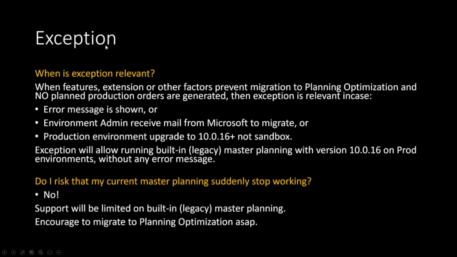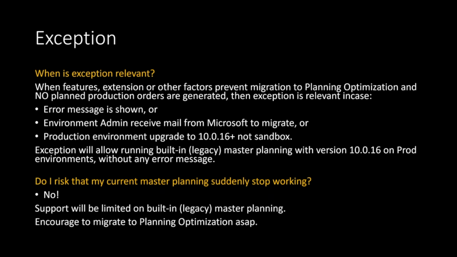So for the exception, when is it relevant? It's relevant whenever features, extensions, or other factors prevent the migration to planning optimization, and you have no planned production orders generated.